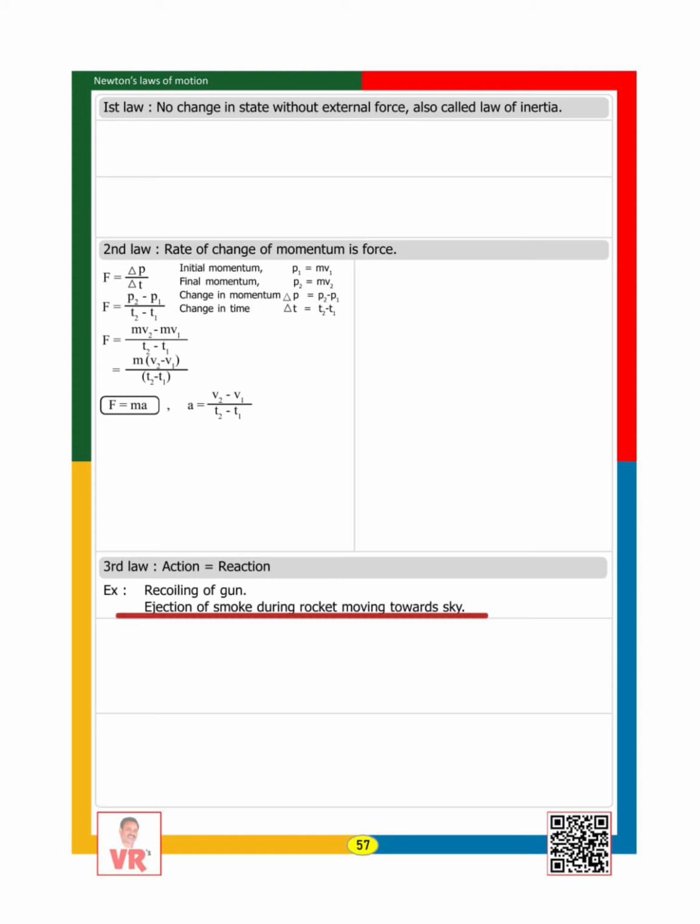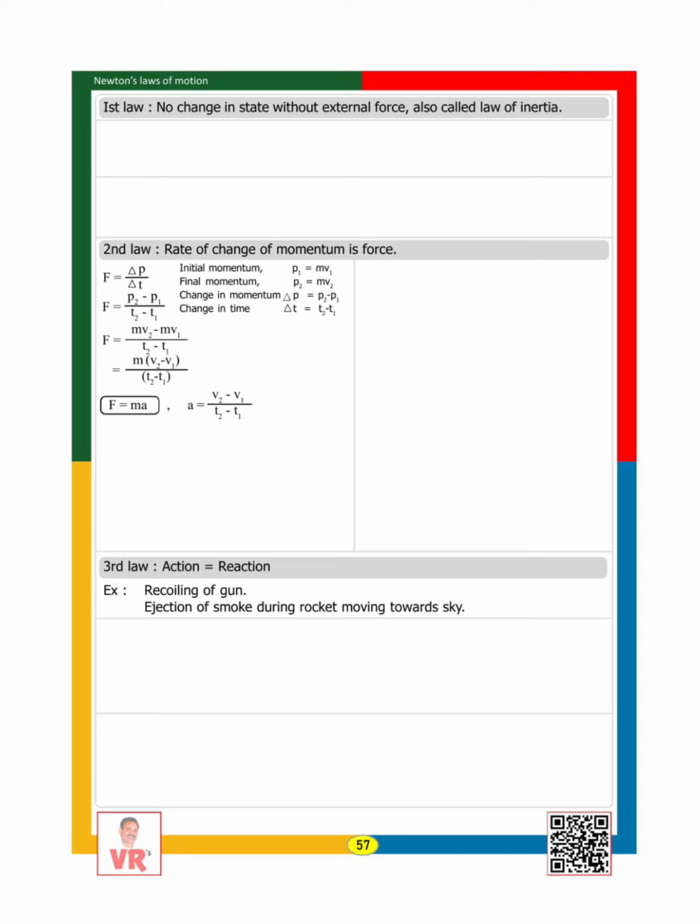Ejection of fuel during rocket launching is the example of, wonderful, Newton's third law. What is Newton's third law? Good. For every action, there is an equal and opposite reaction.